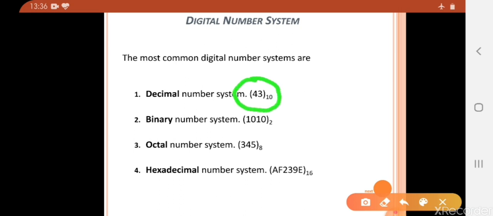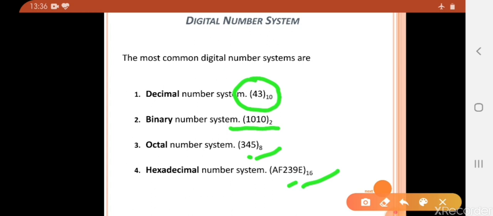Then in the binary number system, you see it is 2. In octal, it is 8. And in hexadecimal, it is 16. So these are the representations of the different digital number systems.